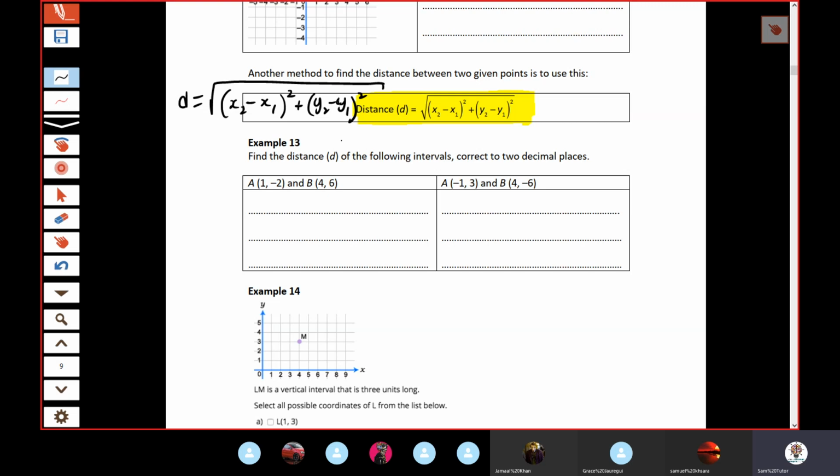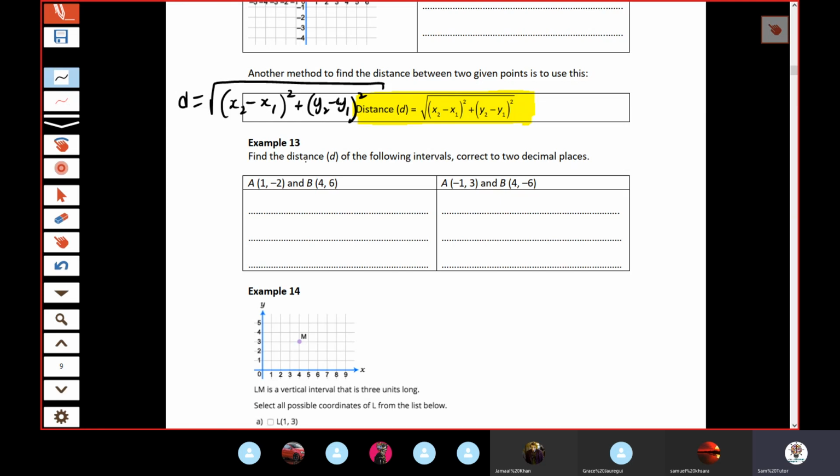All right, it is a little bit annoying to write, which is why I'm making you write it a few times. Okay, so D equals square root, open bracket, subtract your x's squared plus subtract your y's squared.